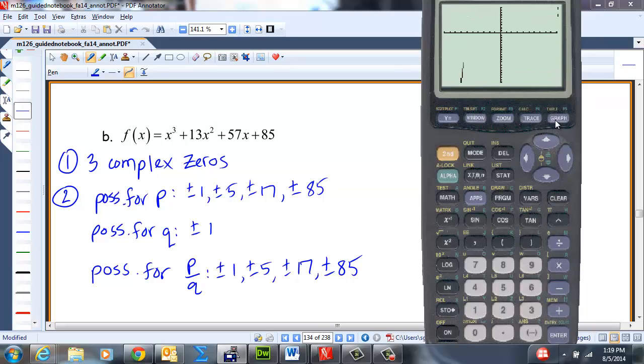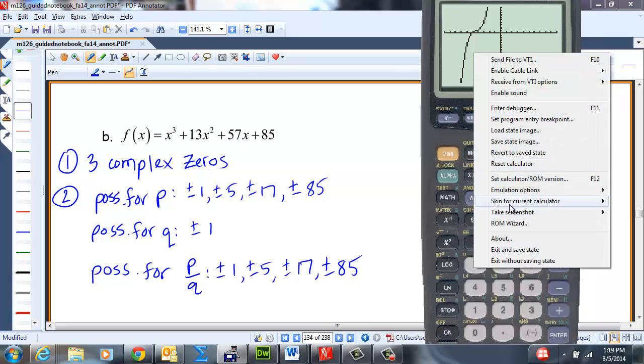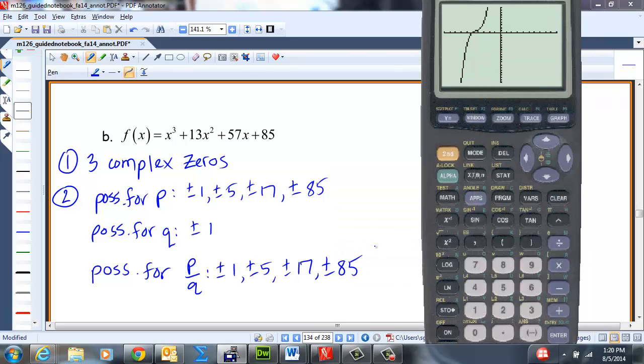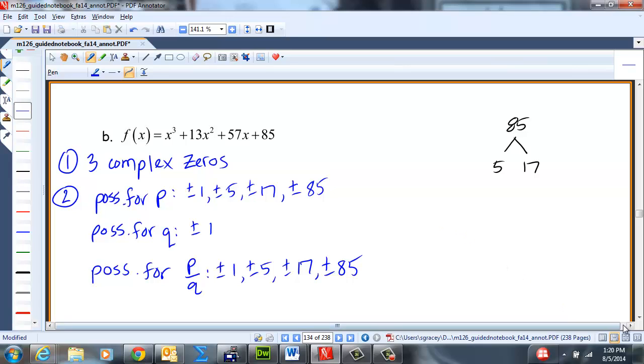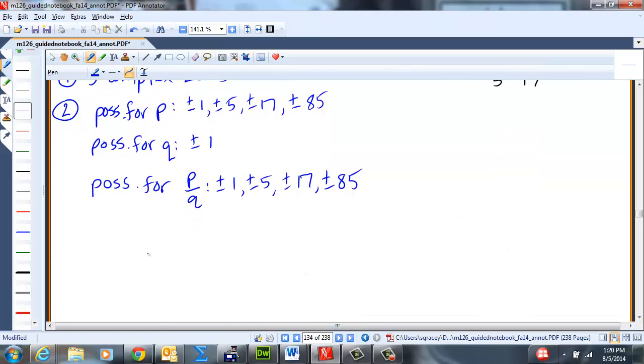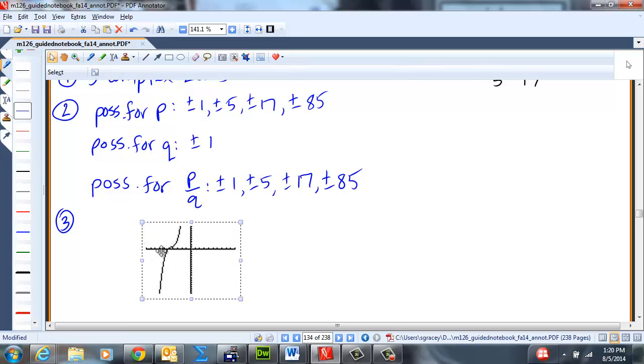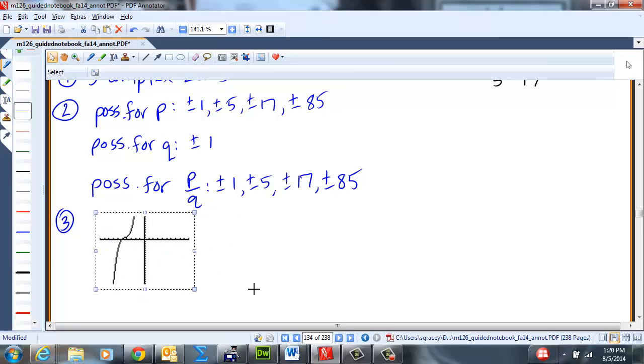Let's see what this looks like. Okay, it looks to me from this graph, remember, the scale here was plus or minus 10, and this was negative 20.